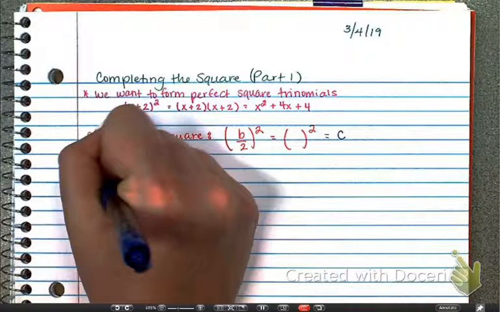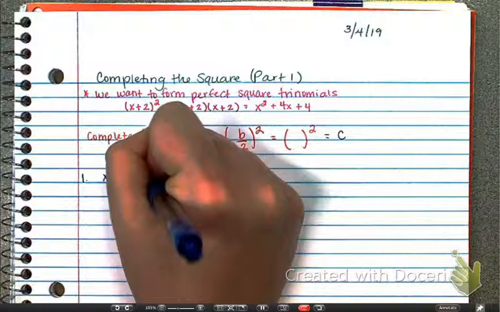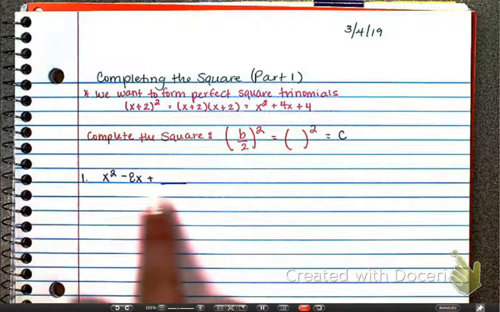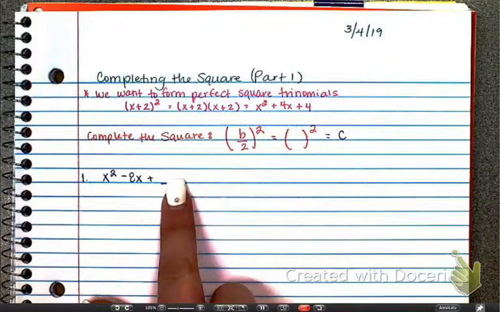So let's look at x squared minus 8x plus blank. And that blank is our C, what we're going to fill in. If I had a value for C, what form is that in? If, say there was a number here, what form is that?